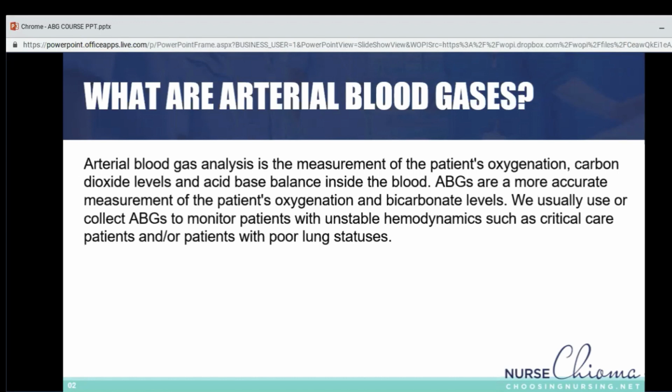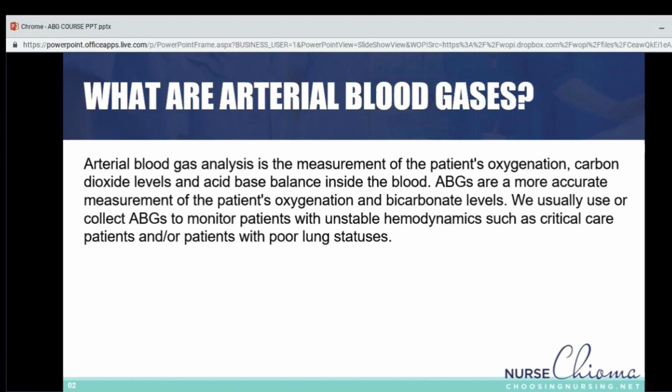It's a way that we can measure how well they are receiving oxygen, how well gas exchange is taking place, how high their CO2 levels are, and how well their acid-base balance is, and we'll talk about that in another training too, in the blood.